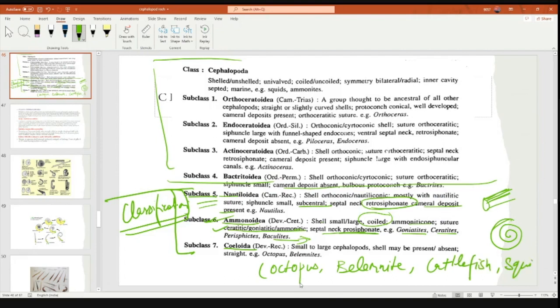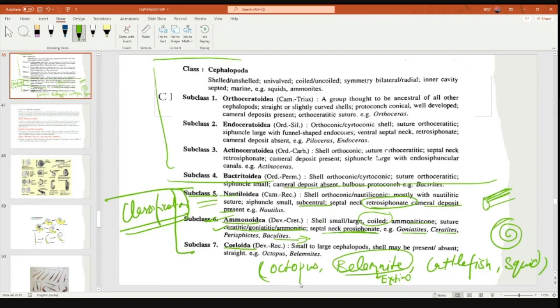Yes, squid. So all these organisms come under the Coeloidea. Octopus and belemnite are generally extinct. This is the extinct one, it is not there now. These are extinct, but octopus, cuttlefish and squid are still present.